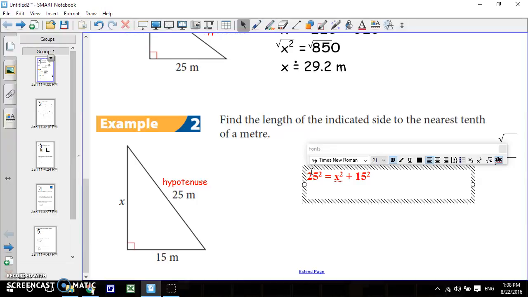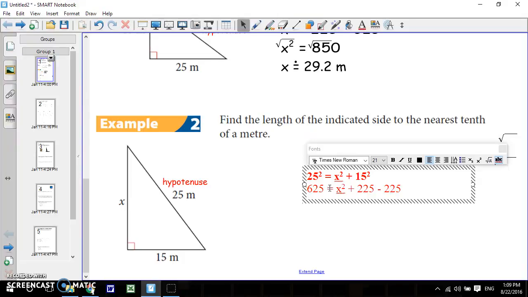You may choose to simplify these numbers before you rearrange the equation to solve for x. So 25 squared is 625, x squared is unchanged, plus 15 squared is 225. When we solve this equation, we need to isolate x squared by subtracting 225 on the right side.